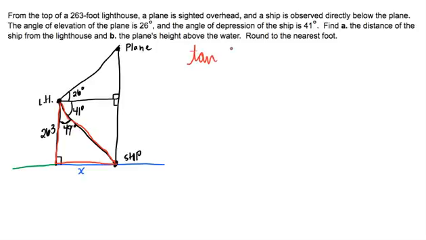So we can say tangent of 49 degrees is equal to the opposite side X over the adjacent side, which is 263. So to solve for X, we just need to multiply both sides by 263. So we'll get X is approximately equal to 263 times the tangent of 49 degrees, which you can approximate in your calculator. So that's part A.